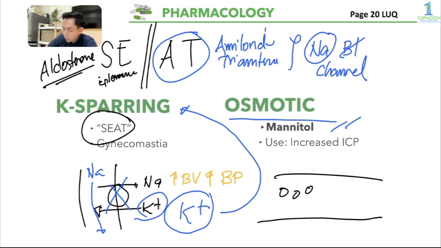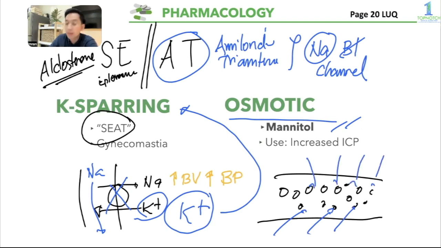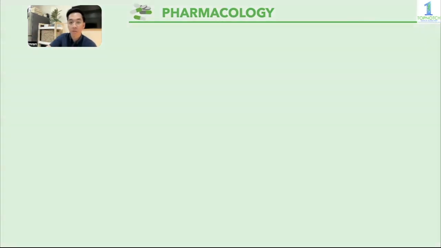If you have lots of mannitol in the tubule, it will attract more water into the tubule, hence causing diuresis. Mannitol is also used with the same principle in patients with increased intracranial pressure, to decrease the amount of fluid in the brain, especially if it becomes edematous.